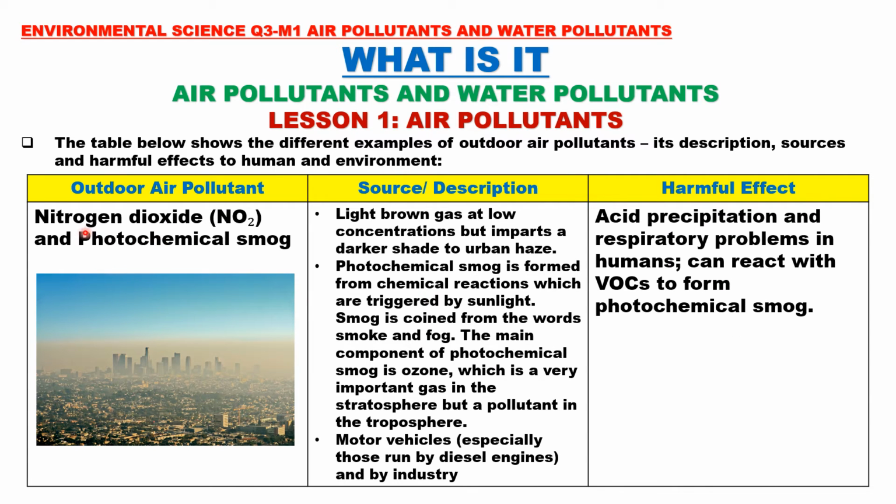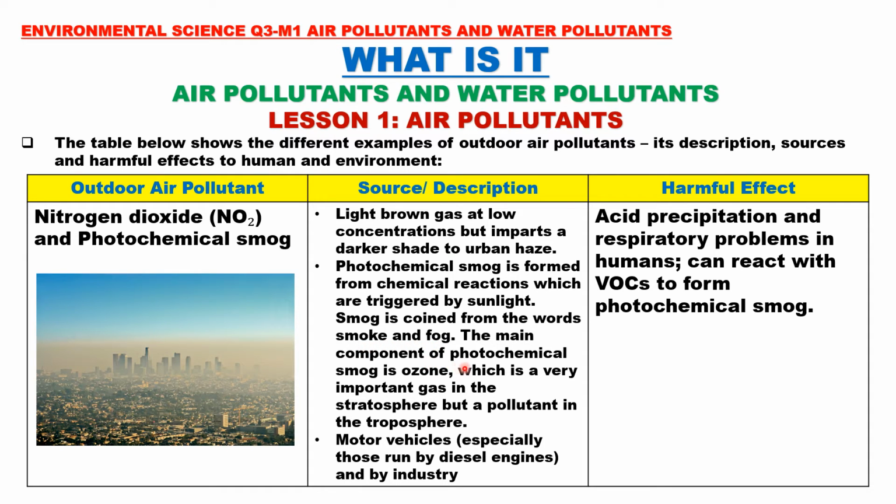Next, nitrogen dioxide or NO2 and photochemical smog. It is a light brown gas at low concentration but imparts a darker shade to urban haze. Photochemical smog is formed from chemical reactions which are triggered by sunlight. Smog is coined from the words smoke and fog.